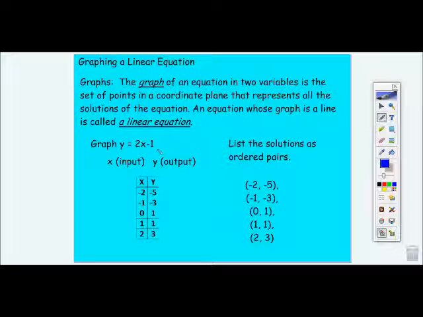So to do that, I'm going to solve. Now y is all by itself, so I'm going to use x as my input. I'm going to put the input in the equation and see what comes out as the output, and y is the answer.